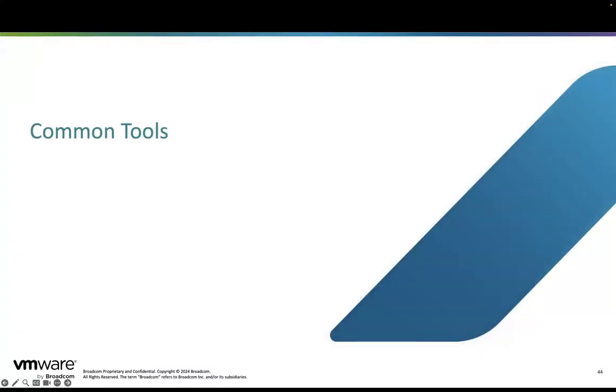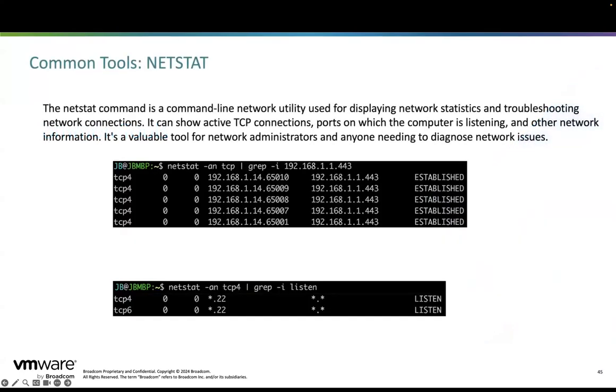And then let's finish up here and just talk about some common tools, not necessarily things that are specific to the vDefend product or VMware in general, but some common tools that you can use to help troubleshoot, starting off with netstat. So this is a command line network utility used to display network statistics and for troubleshooting network connections.